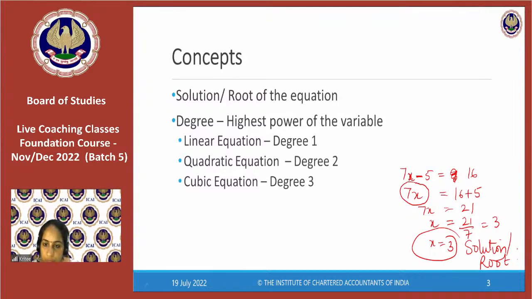The solution and root of the equation is that value of the variable that makes the equality condition true. That value of the variable because of which the equality condition becomes true is known as the solution or the root of the equation. Okay.